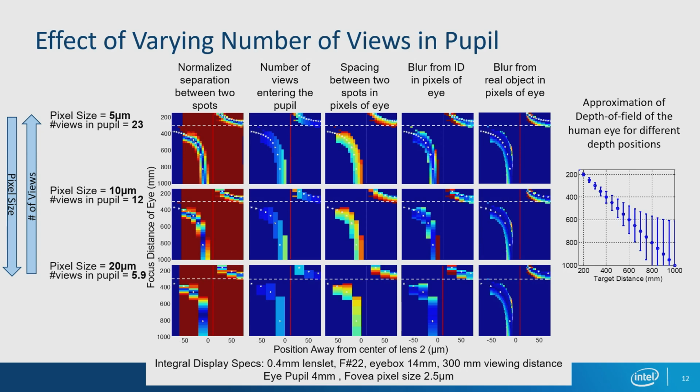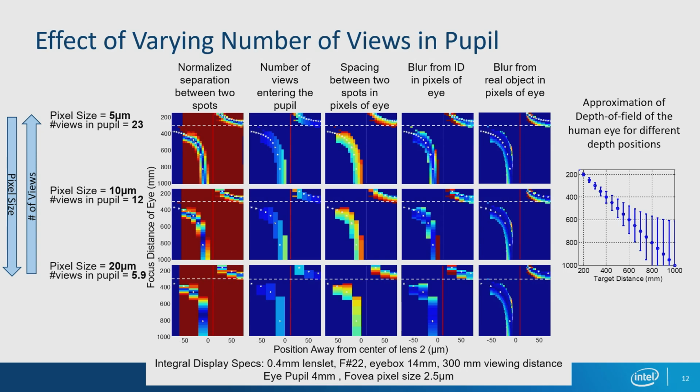So using that ability of the eye, I don't need that many views in the pupil. Roughly, this display can give me enough views behind the display or in front of the display with good enough depth of field.